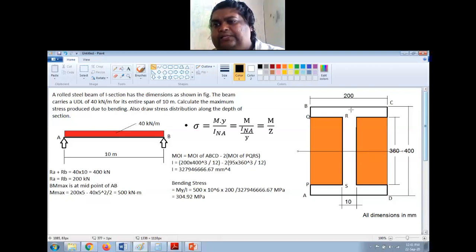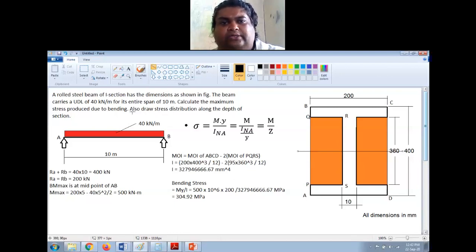So the distance of farthest fiber is equal on both the sides because it is a symmetric section. If it were to be asymmetric section, if this is not equal to this, y1 and y2 are different, then the compression stress intensity and tensile stress intensity will be different. We will see that in the next numerical.